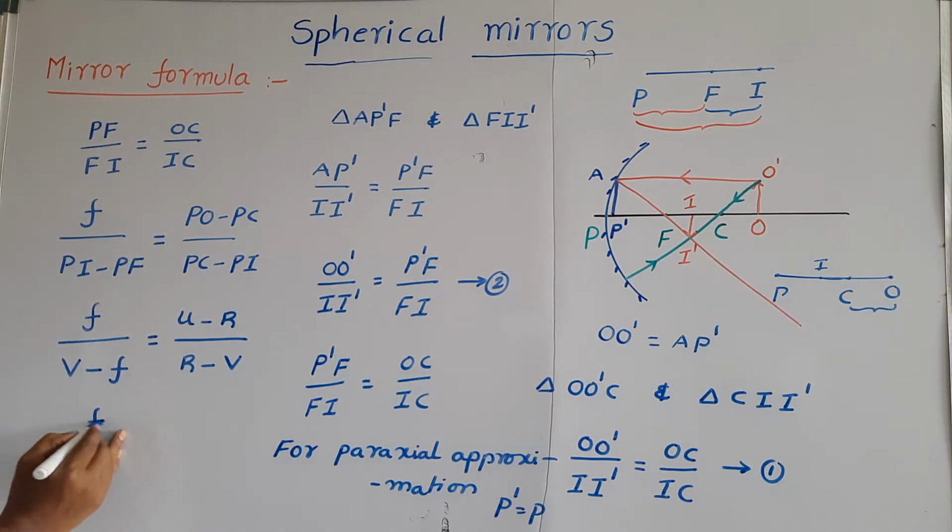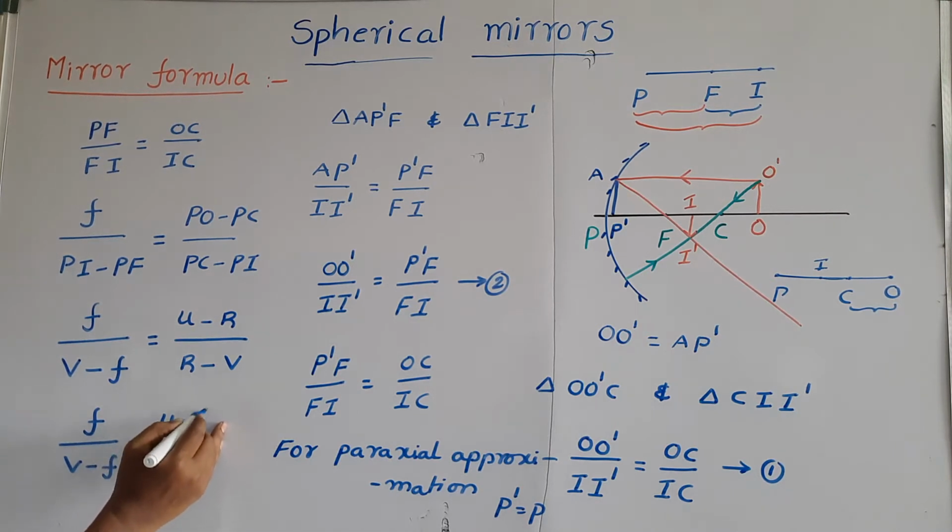So F by V minus F, which is equal to U minus 2F by 2F minus V we can get. If we simplify, then we get a UVF relation.